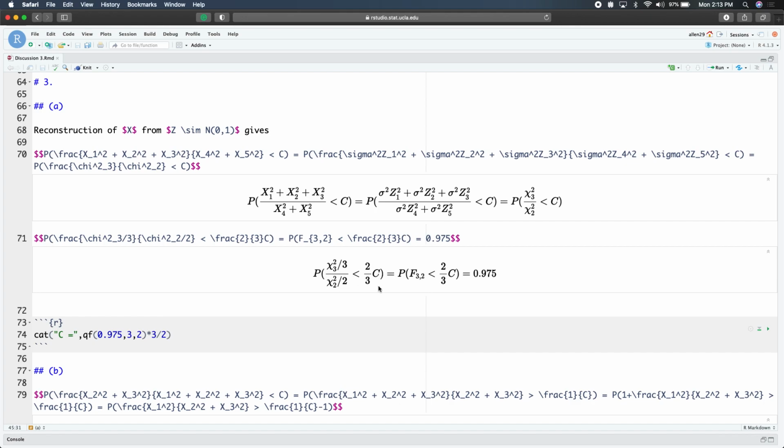By doing that, we decompose the ratio into an F distribution with degrees of freedom 3 and 2, still less than 2 over 3 multiplied by c. From here, consult the F table for the corresponding degrees of freedom and probability, solve for the quantile, and then for c.